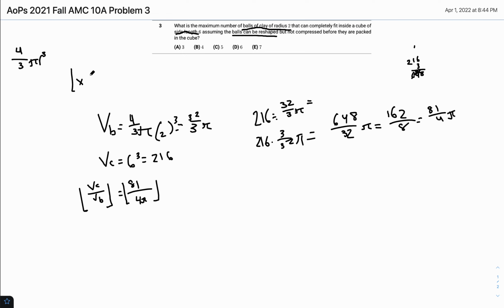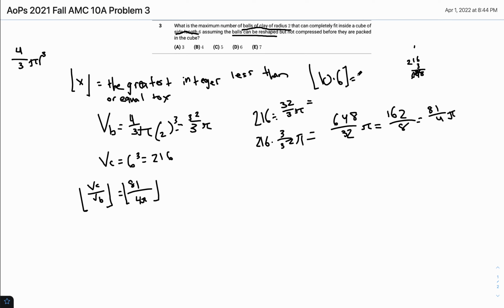The floor function of x is equal to the greatest integer less than or equal to x. So for example, let's say that we have 10.6. This would just be 10, right? Because it's the greatest integer less than or equal to x.